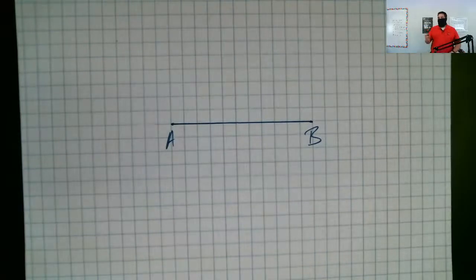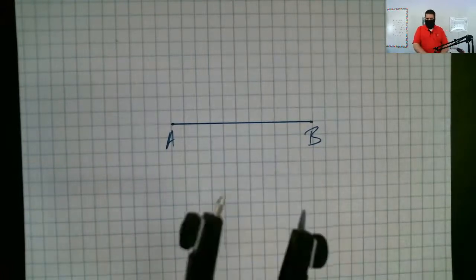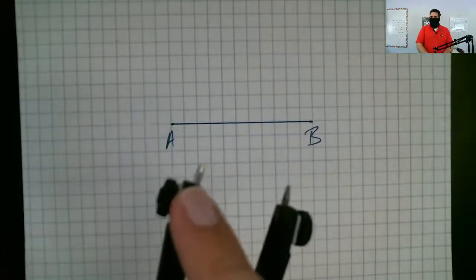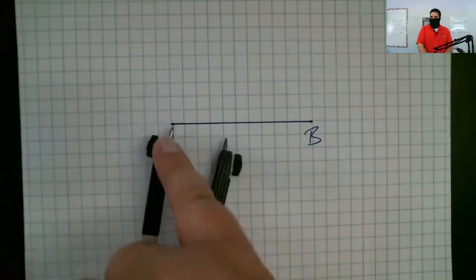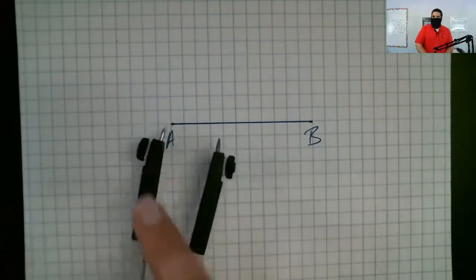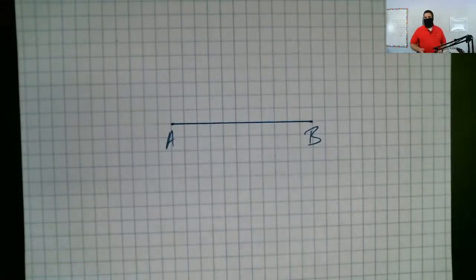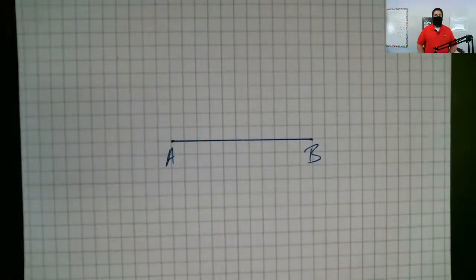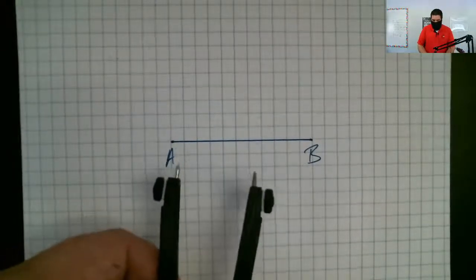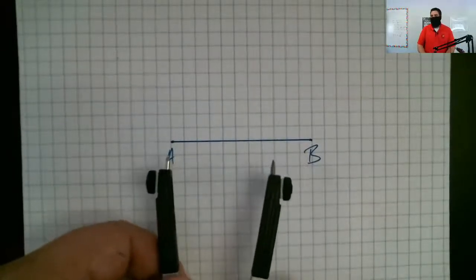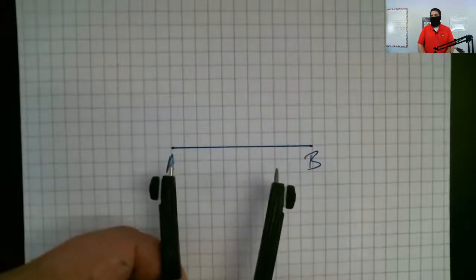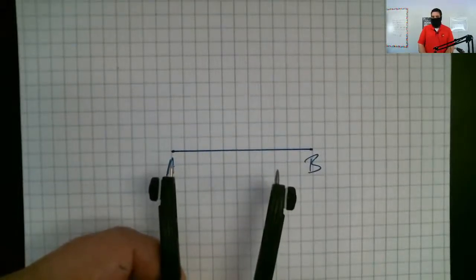With A as center, we're going to take the non-marking point of our compass and place it on A. The radius has to be greater than half of AB. The compass is clearly over half of AB.